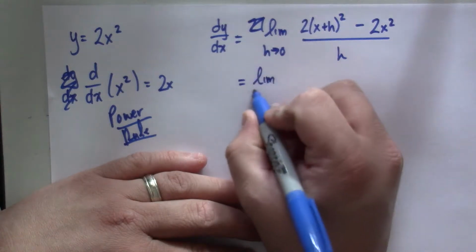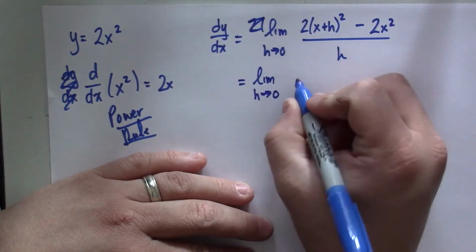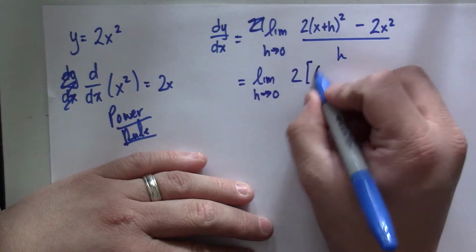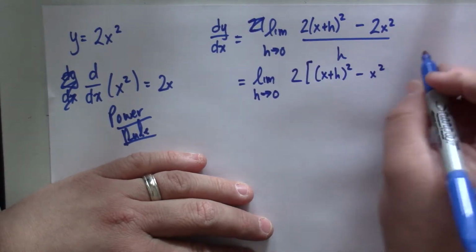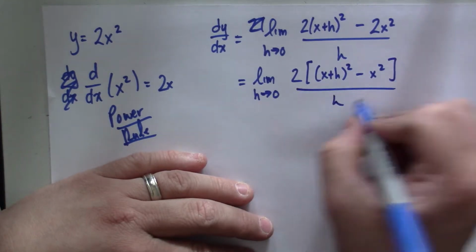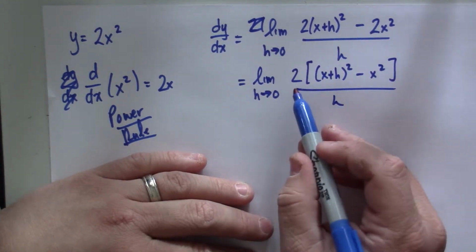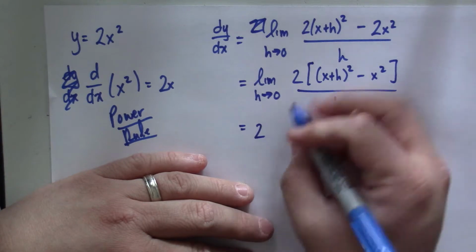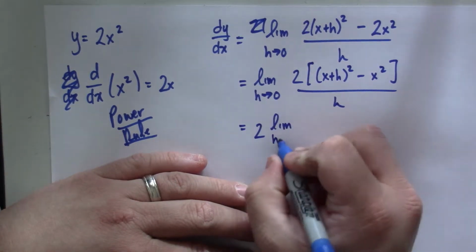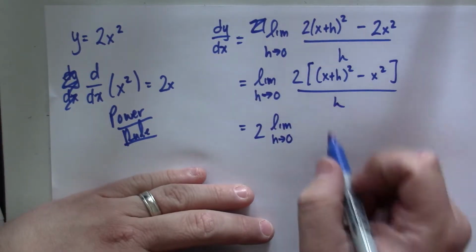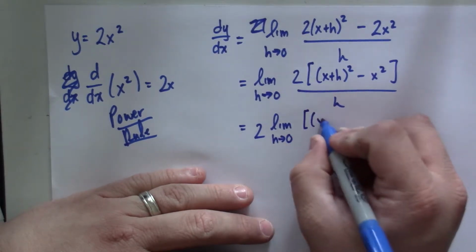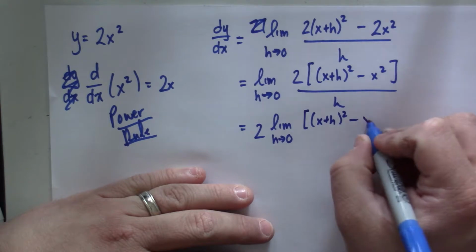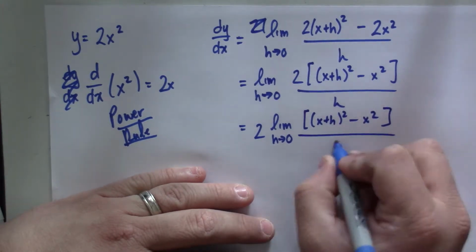I've got the limit as h goes to 0 of 2 times ((x plus h) squared minus x squared) over h, and by rules of limits, this is twice the limit as h goes to 0 of that, so ((x plus h) squared minus x squared) over h.